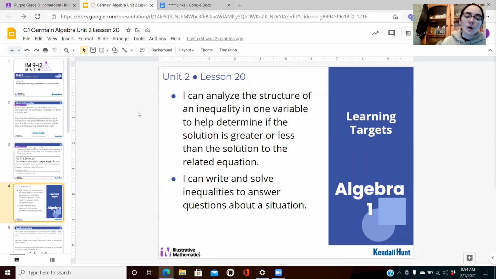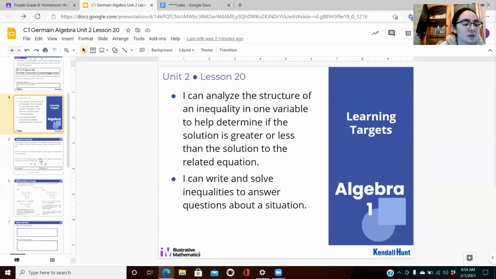And number two, you can write and solve inequalities to answer questions about a situation. It's going to be a little bit fun in the way that we're going to be writing our own inequalities now, and they're going to be more complicated than the ones we were writing before, where we were saying x is greater than 2 or x minus 2 is greater than 77.